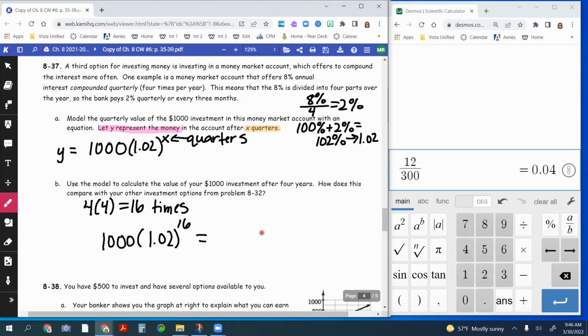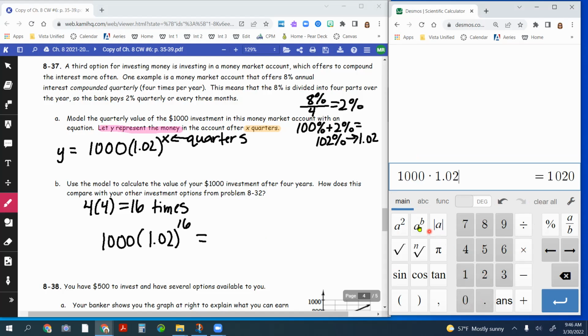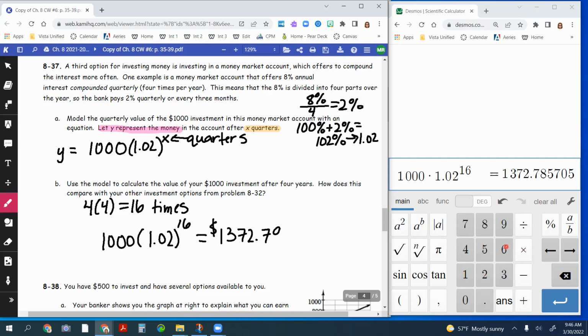And so when we put that in our calculator, 1,000 times 1.02 raised to the power 16, we're going to end up with $1,372.79.